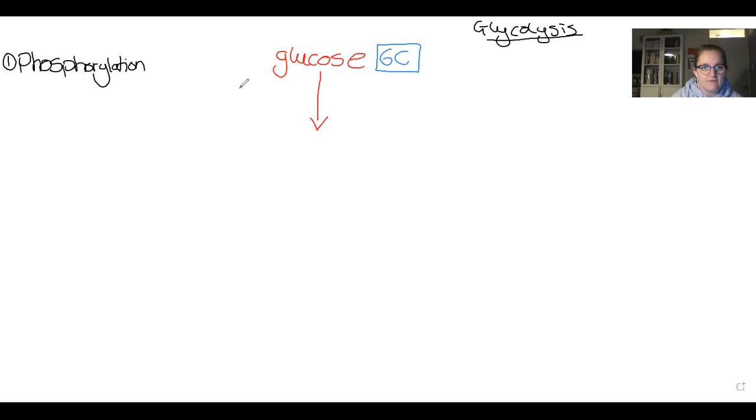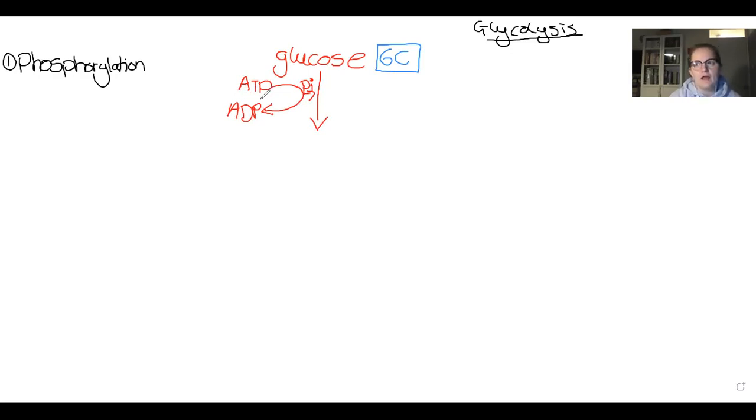So what happens is we have ATP, ATP goes to ADP. And the inorganic phosphate here phosphorylates our glucose. Okay, so glucose is phosphorylated by the inorganic phosphate that's come from this ATP here.